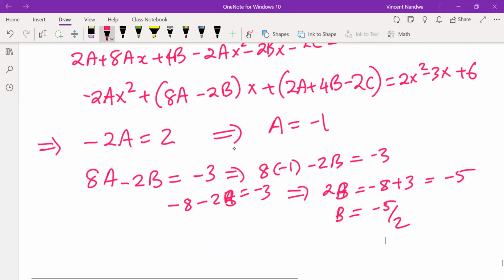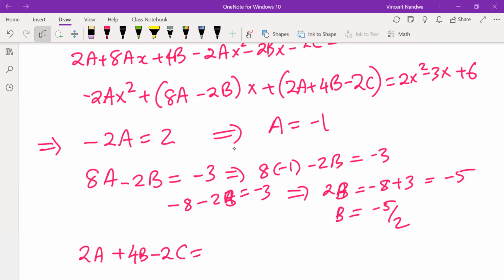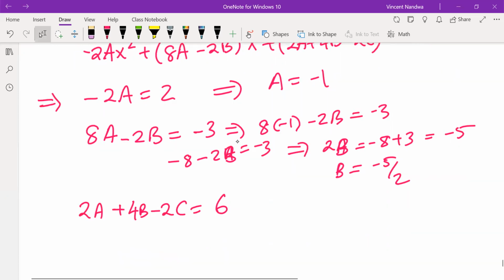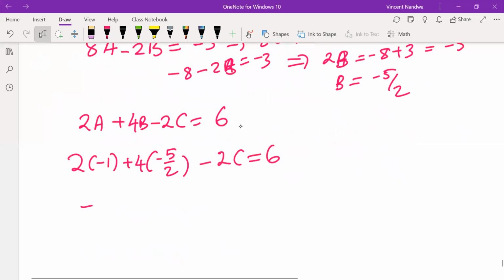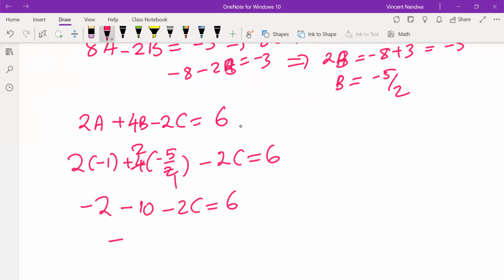And then the constants, we have 2a plus 4b minus 2c equals 6. So 2a is negative 2, plus 4b is minus 10, and then minus 2c should be 6. So minus 12 minus 2c equals 6.